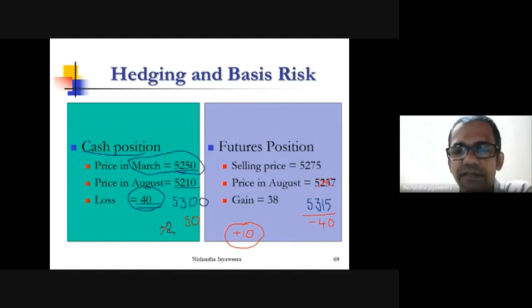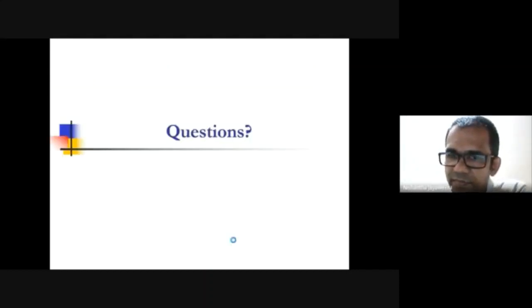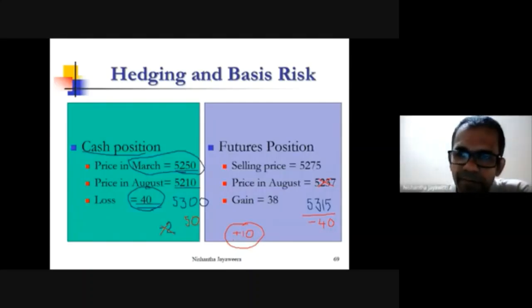It may change by a small amount. If it changed by a large amount, then your basis risk is high. Any questions?